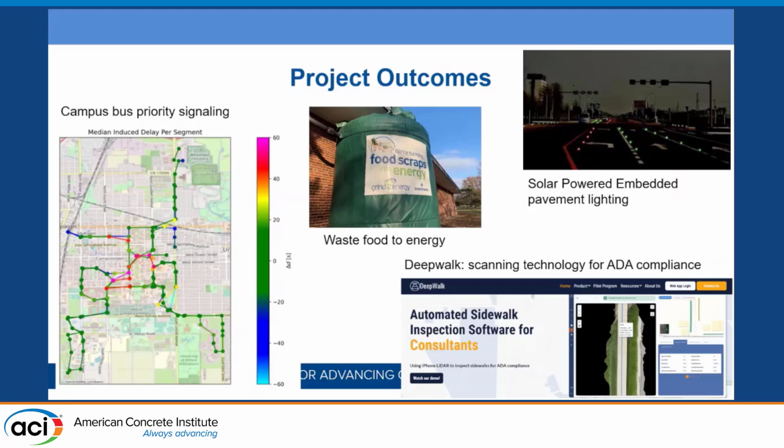That's the one in the middle, this waste food to energy project, where they collect waste food from the dorms, grind it, and do some environmental processing to get methane gas, I think it's methane, out of that digester. And this is now being implemented at all of our dorm buildings.